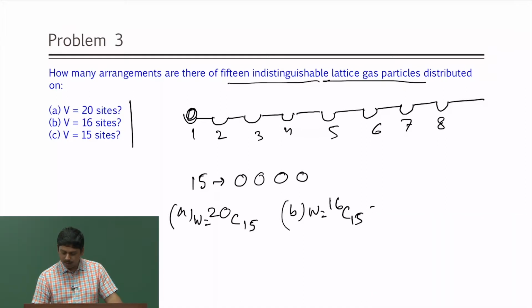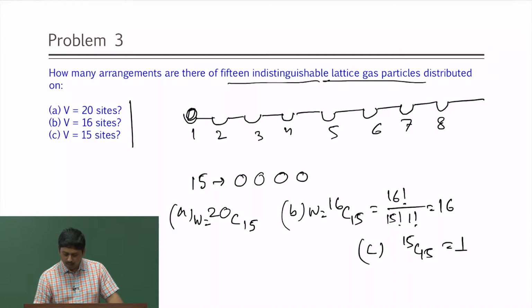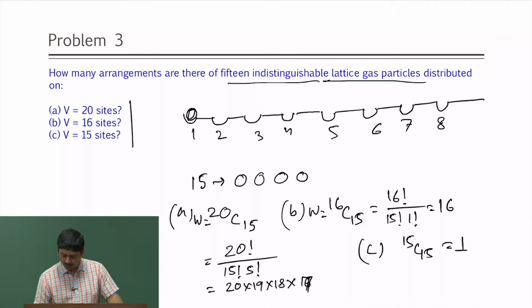and that is nothing but 16 factorial by 15 factorial and 1 factorial, which is going to give us 16, and in the case of 15 C 15 going to give us 1, and in case of 20 it will be 20 factorial by 15 factorial and 5 factorial, which is going to give me 20 into 19 into 18 into 17 into 16 divided by 5 into 4 into 3 into 2 into 1.